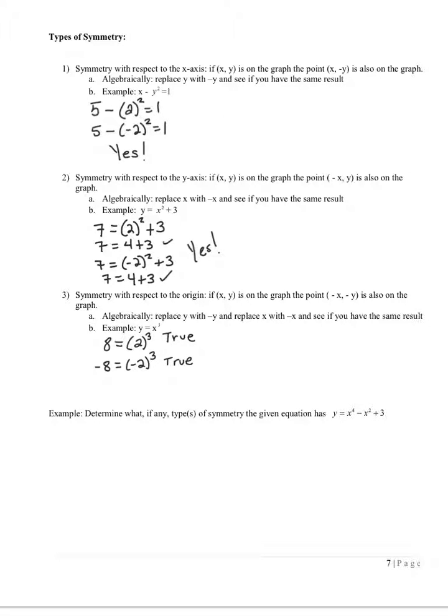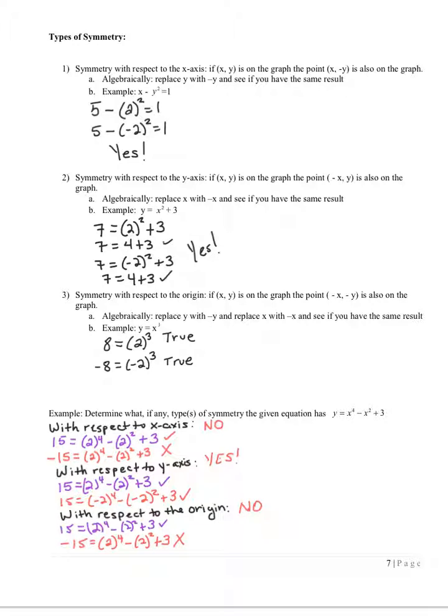In the next example, we're going to determine what, if any, types of symmetry this given equation has. y equals x to the fourth minus x squared plus 3. In this example, I used 2 for the x value and 15 for the y value. And when I replaced my y with the negative y, the resulting statement was not true.